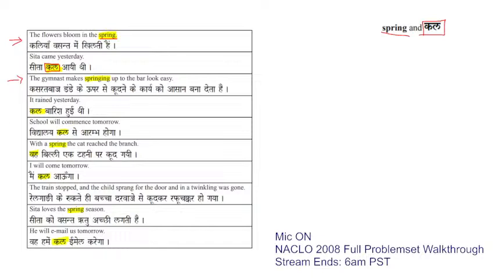The one issue that I'm having right now is that we have springing. So we had the verb to spring, or like to jump up. And then we have the noun spring, which in this context means the season spring.